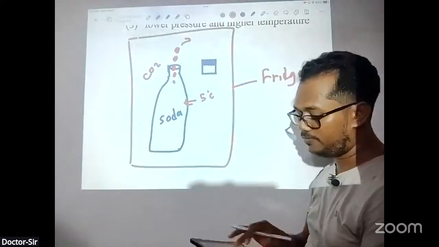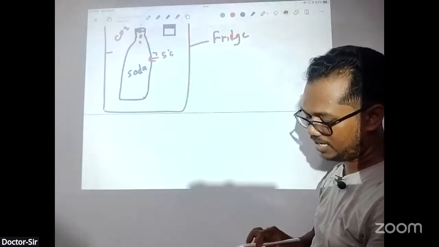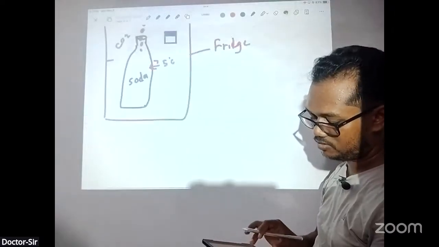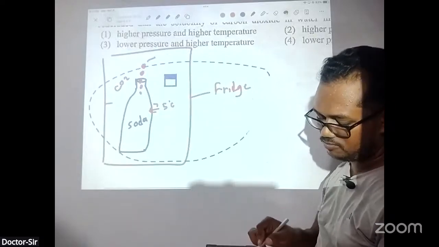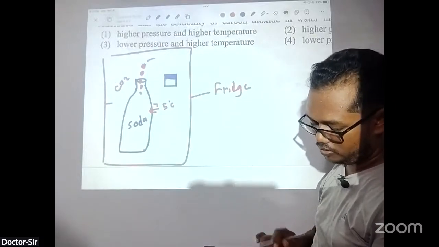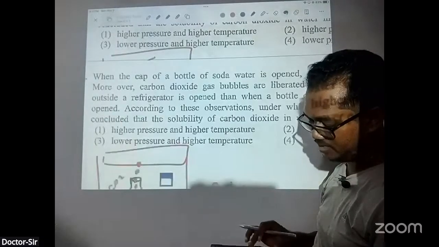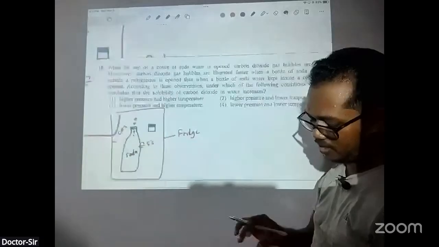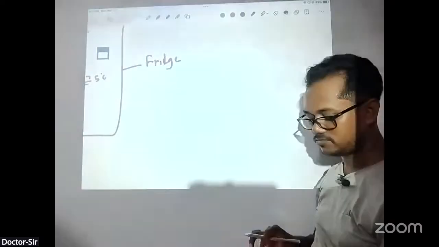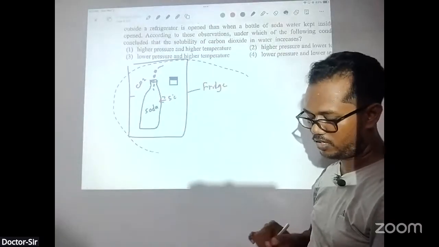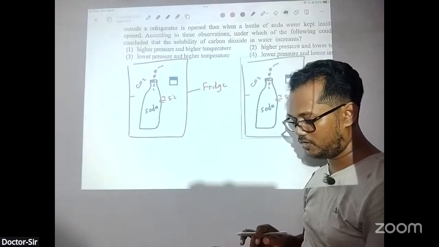Okay. Now I will go and ask the shopkeeper, uncle, give me a soda bottle. I'm very thirsty. So I need to drink some soda. He asks, son, do you want it from the refrigerator or from outside the refrigerator? Now what will you say? You will say, no uncle, I need a cool one. It's a very hot environment.